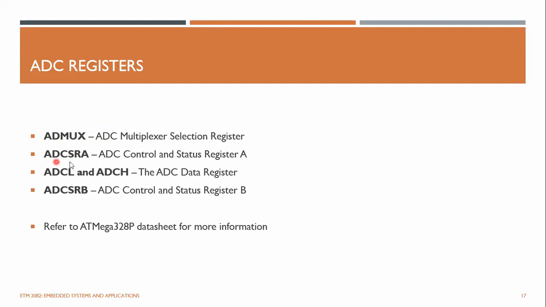The second one is ADCSRA, the ADC control and status register A. And there's another one called register B. Whenever you have completed the ADC conversion, the digital representation is available in these two bytes. So we have to read these registers in order to get the digital value of the analog input.